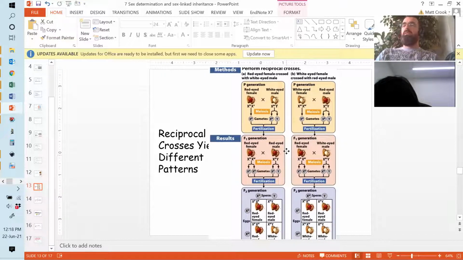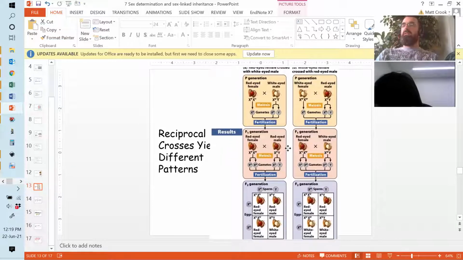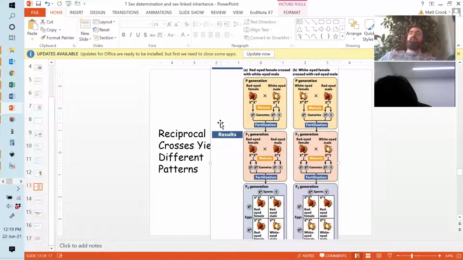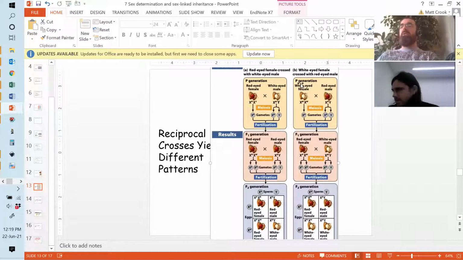What I want you to get out of this is that normally, and this is one of the Mendelian principles, it doesn't matter which way round you do the cross, whether the female is homozygous dominant and the male is homozygous recessive, or vice versa. It shouldn't make any difference. But with sex-linked traits, it does. And the reason for that is how these alleles pass through those generations.